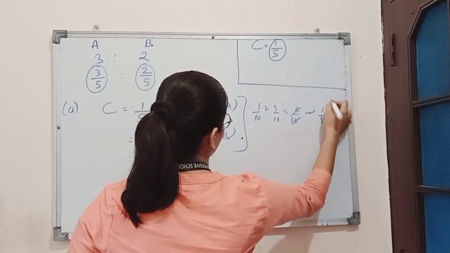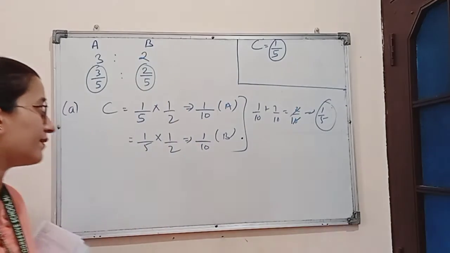Now it becomes 1 by 5, which was the share of C.